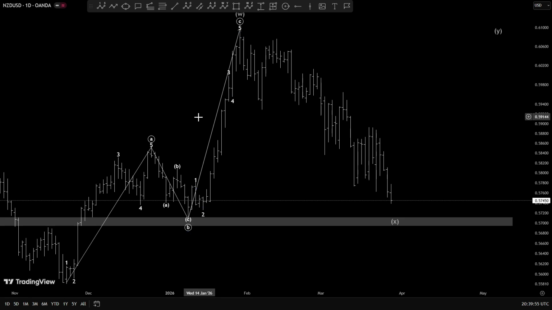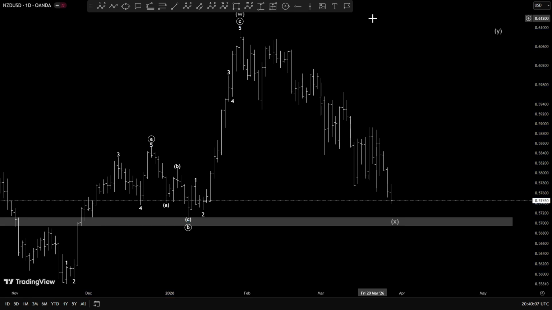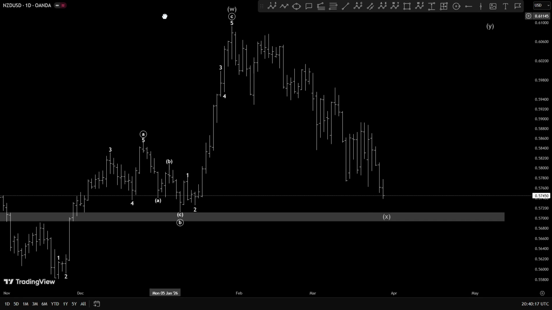Okay, so this zigzag pattern gives us confirmation of W. Then after W, we started having this corrective structure. You want to do it in a way that you understand it clearly, no confusion. You understand what I'm saying? No confusion. So you know what the market is really doing without being confused about anything.